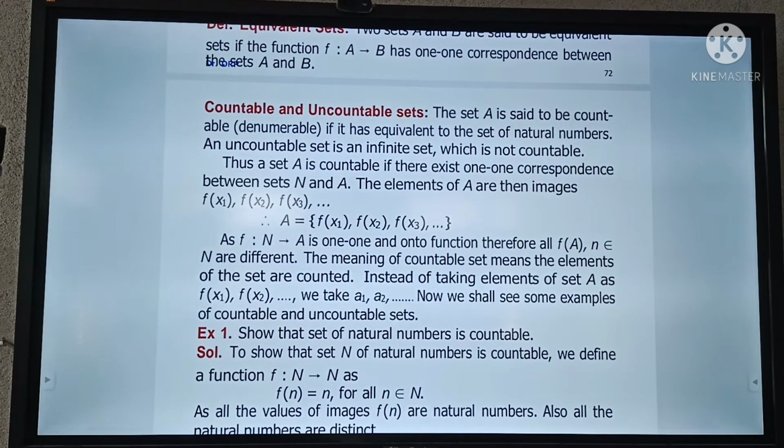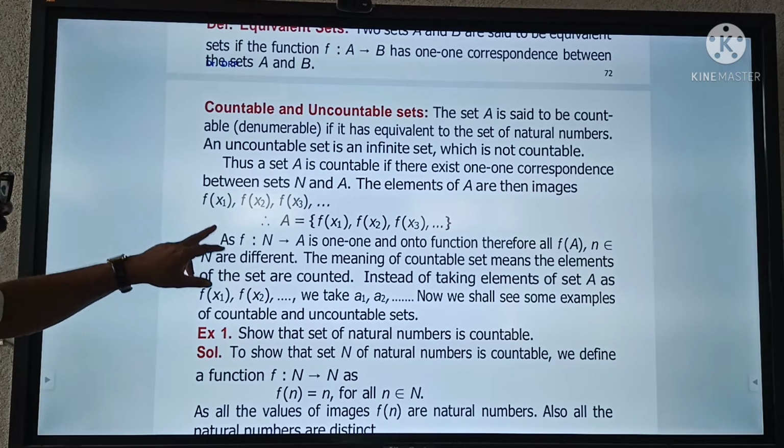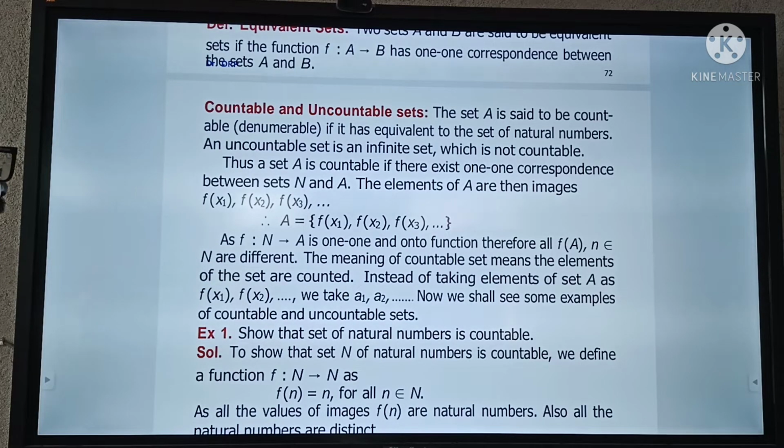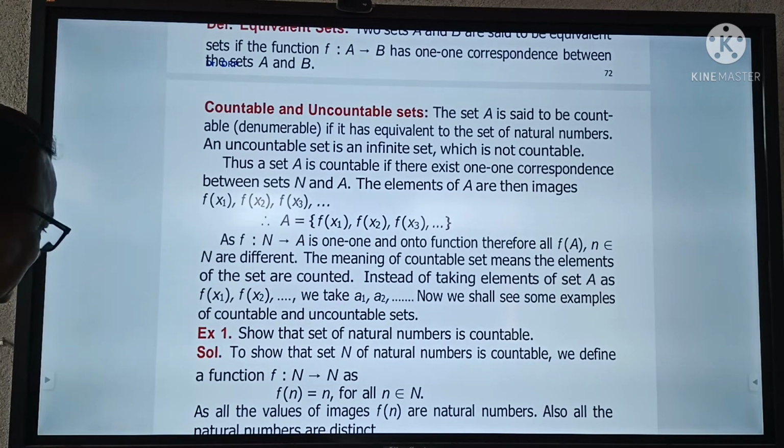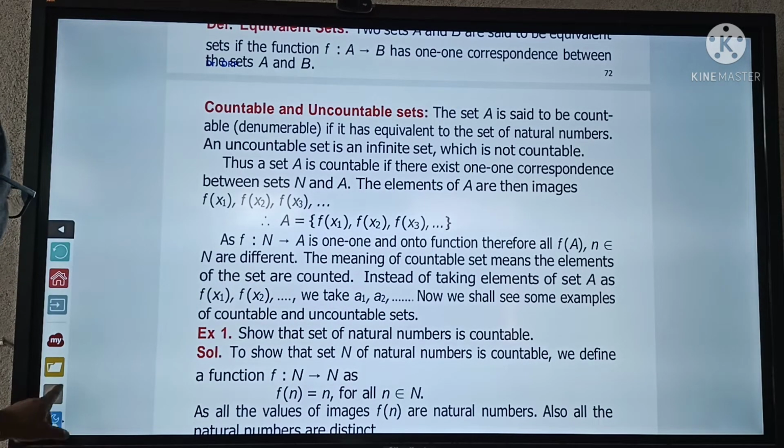The elements of set A are then the images, that is f of x1, f of x2, f of x3, so A can be written in this way. Let us take that example once again.